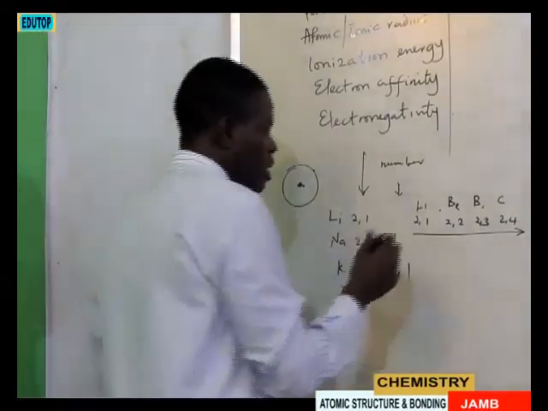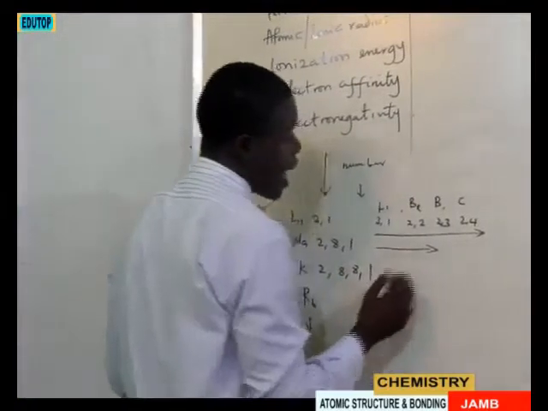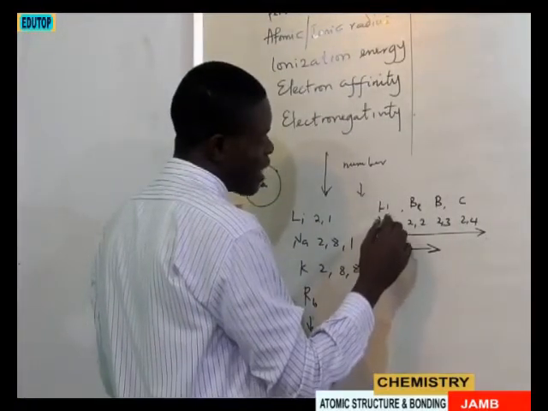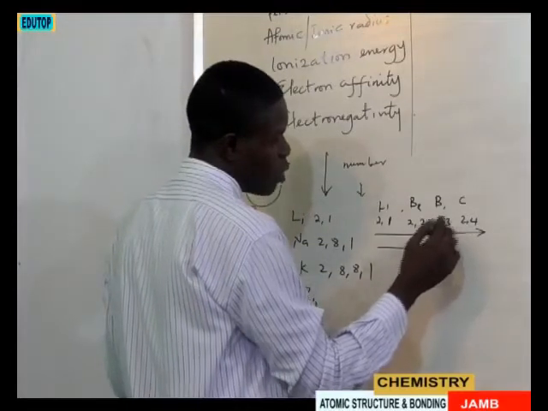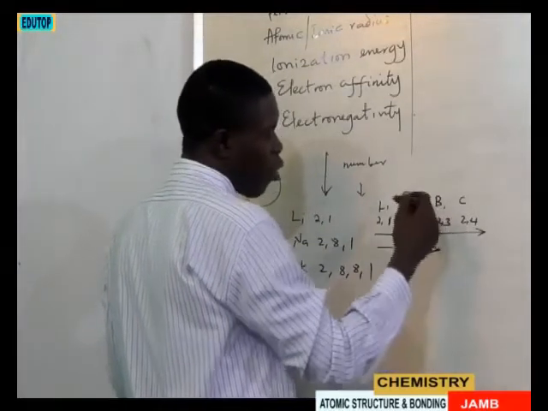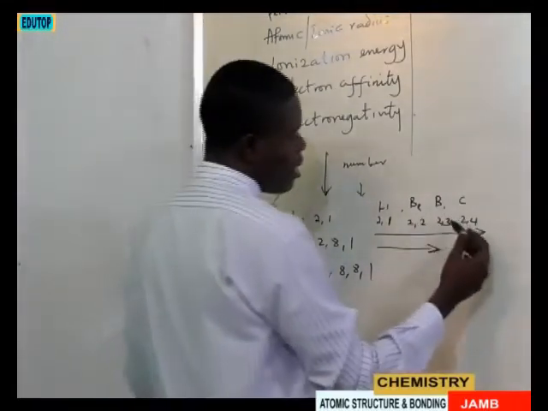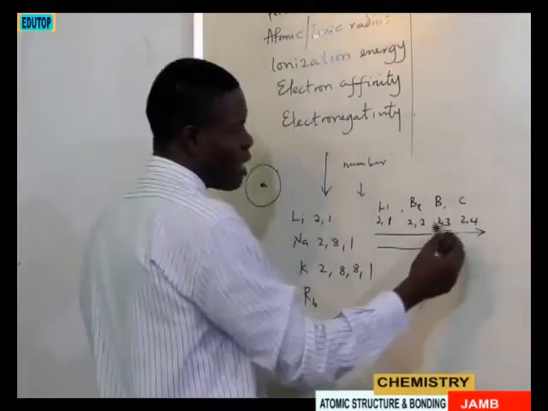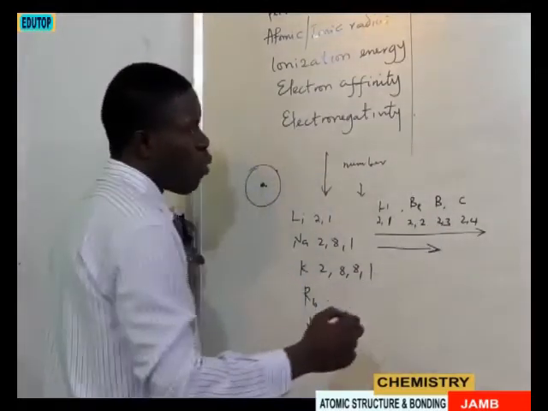So automatically, what it means is that as we are moving across the period, the fact that proton is added, you can see that 1 plus 2, 3, so there is a continuous addition of what? Electron. And as you are adding electron, you are adding proton simultaneously, since electron is a measure of what?